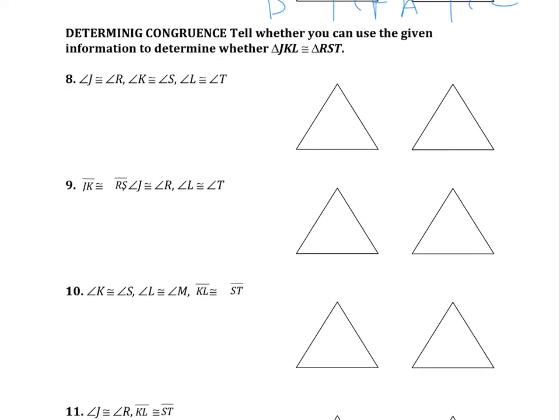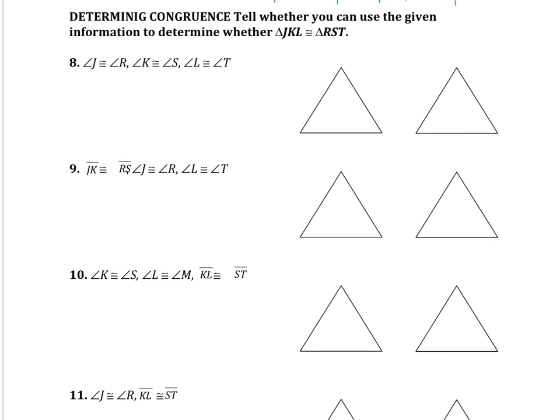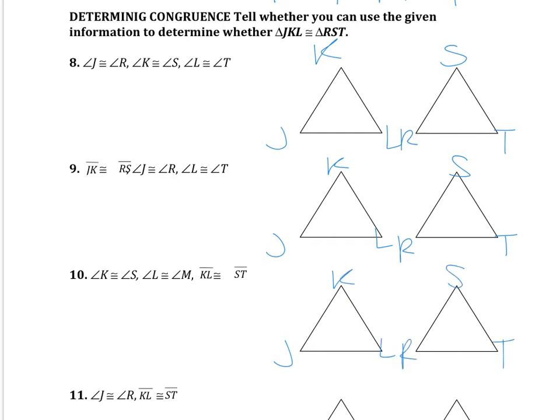Okay, so now this time we're going to mark our triangles. We're looking for J, K, L, R, S, T. So you mark them and determine if there is a theorem that you can use.